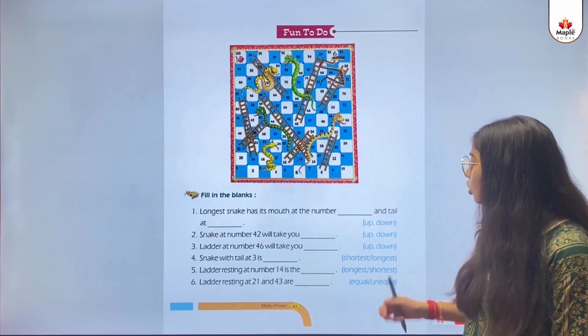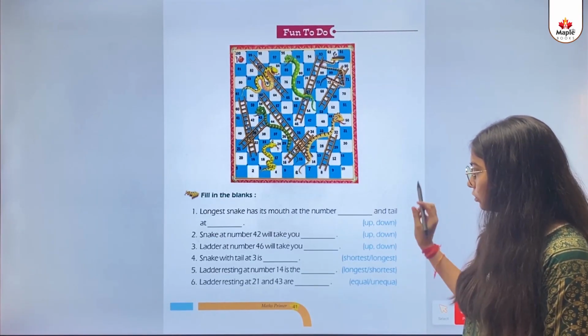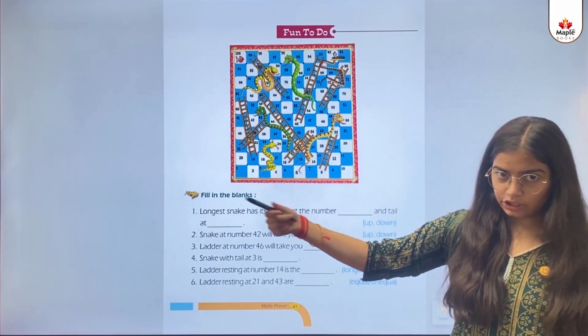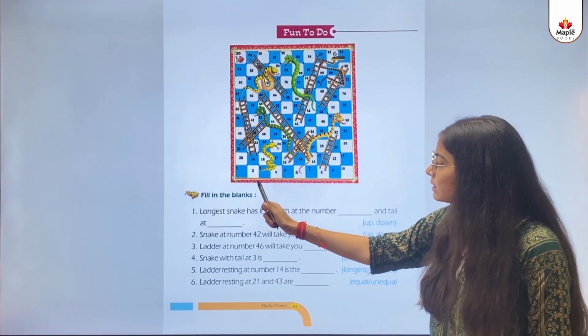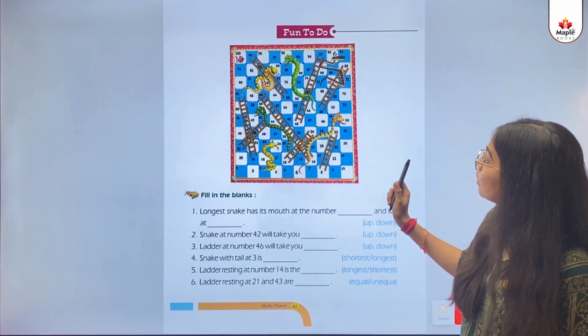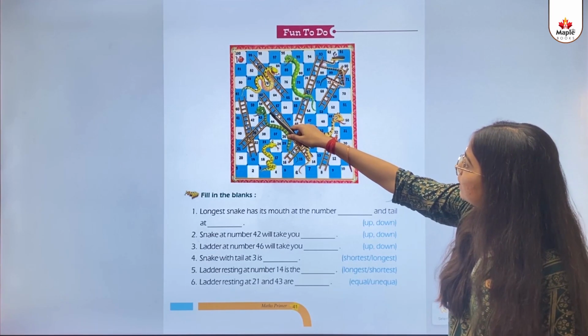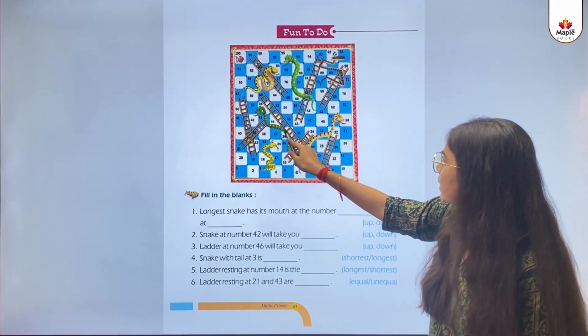Clear? So what is written here? 2 options given. Up, down. So I'll read the question again. First, longest snake has its mouth at the number. Which one is the longest snake? First tell me. You can see that this one is the longest snake.